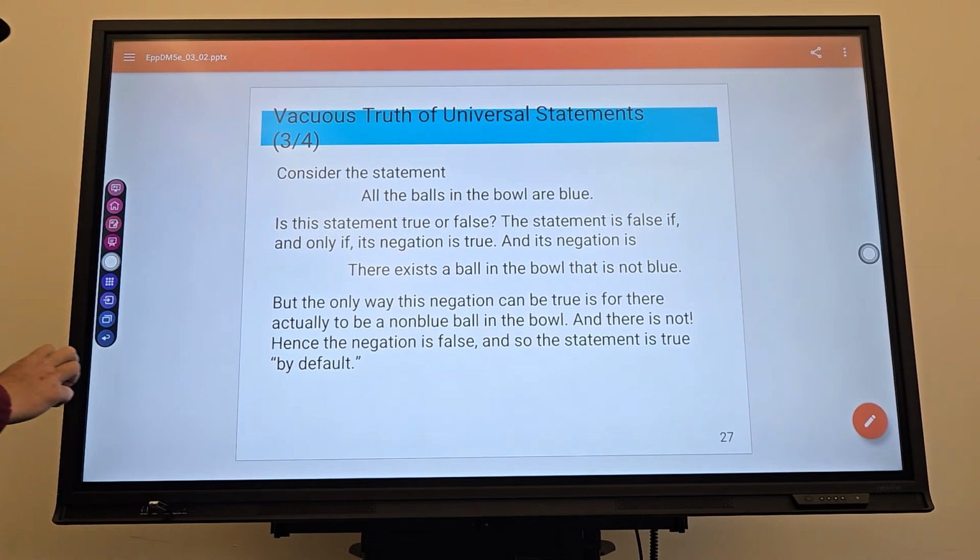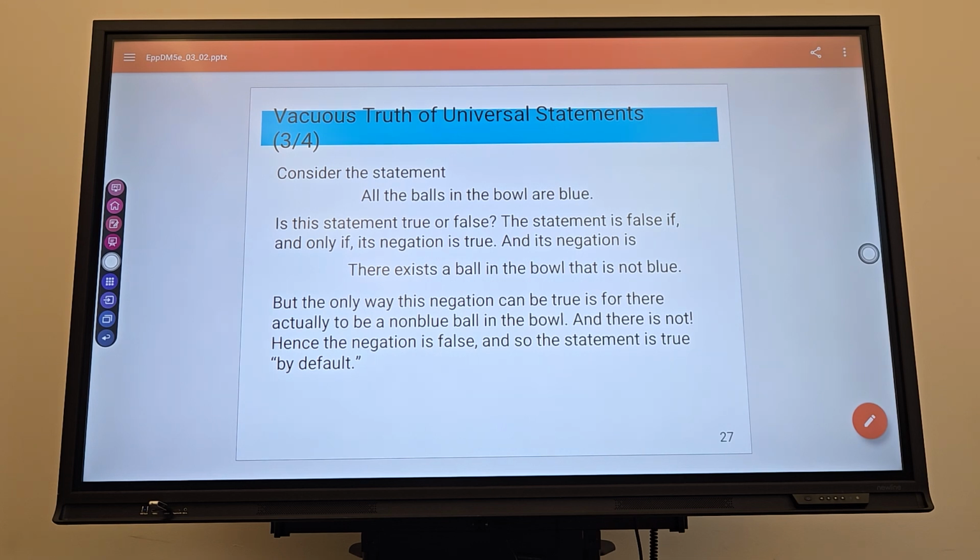All the balls in the bowl are blue. True or false? Well, if the statement is going to be false, its negation is true, and its negation is there exists a ball in the bowl that is not blue.